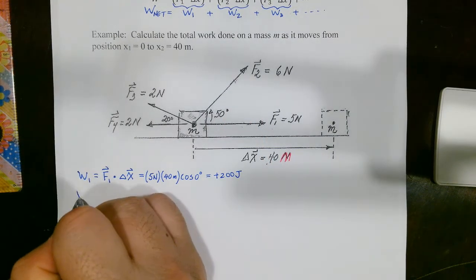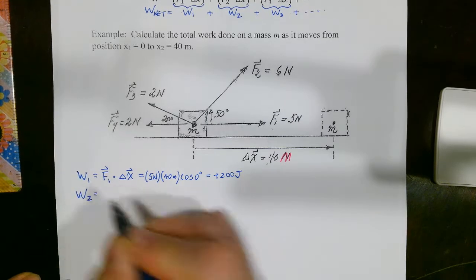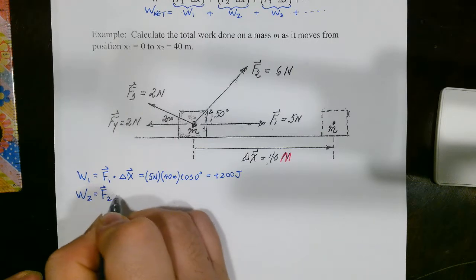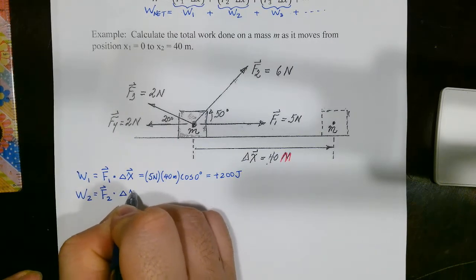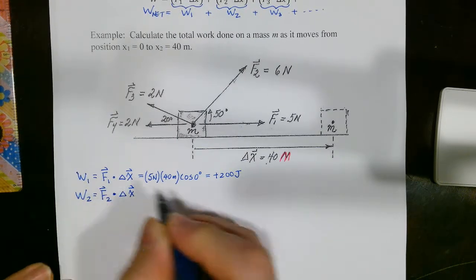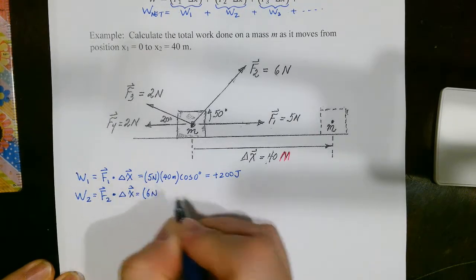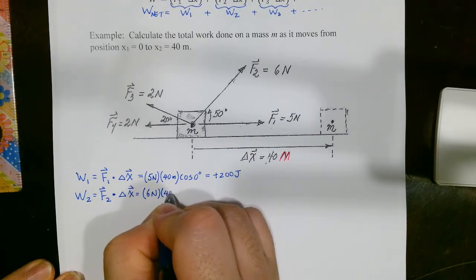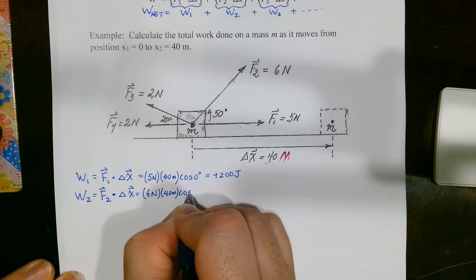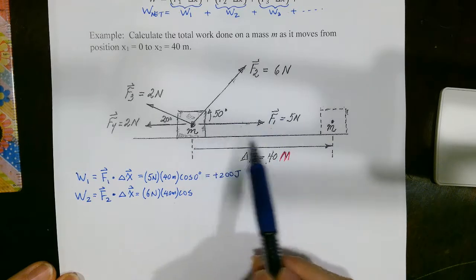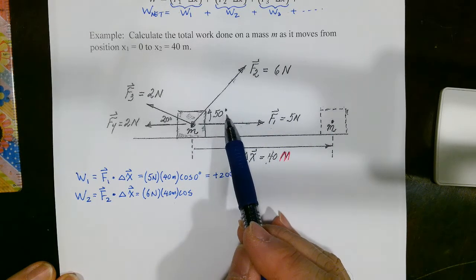Work 2 is equal to F2 dot same delta x. Therefore, it is 6 newtons times 40 meters times cosine of. Now the angle between my force 2 and delta x happens to be 50 degrees.